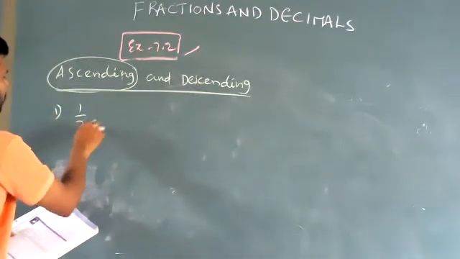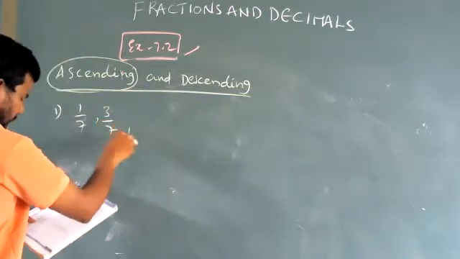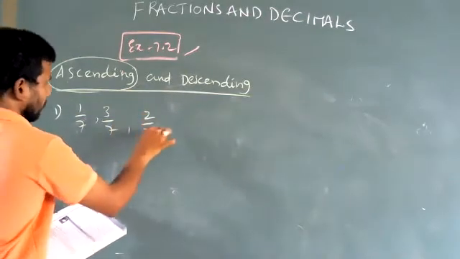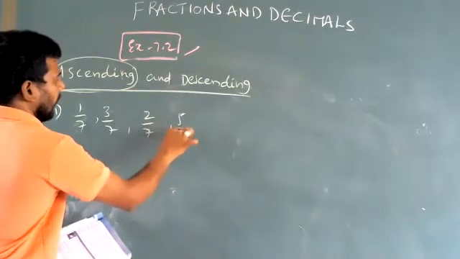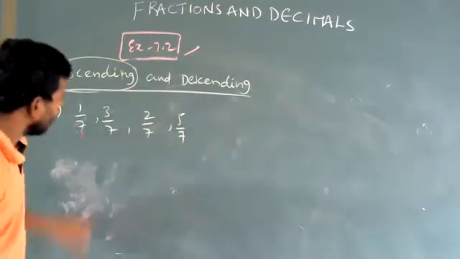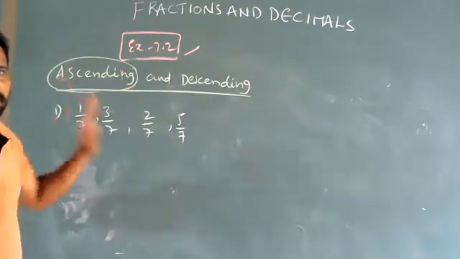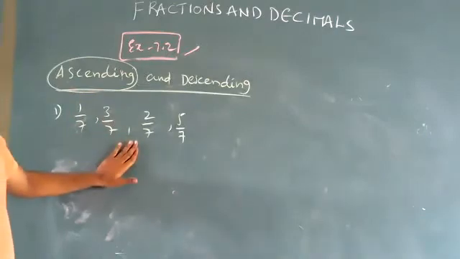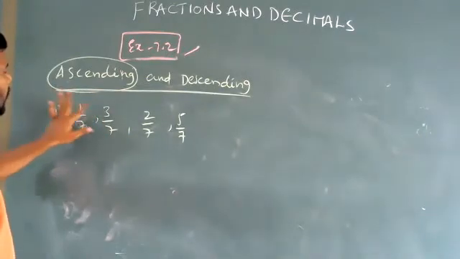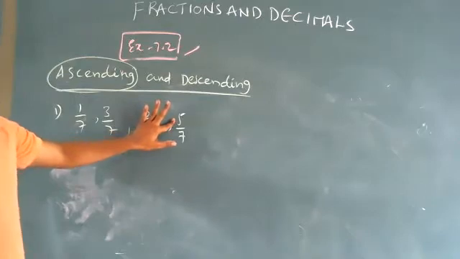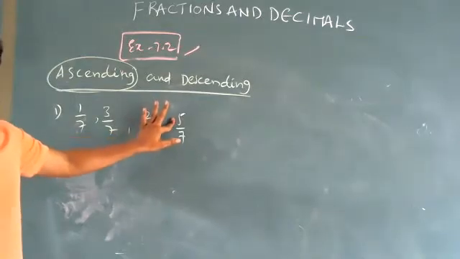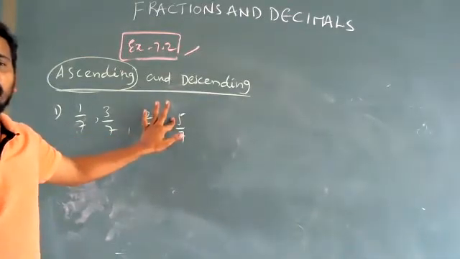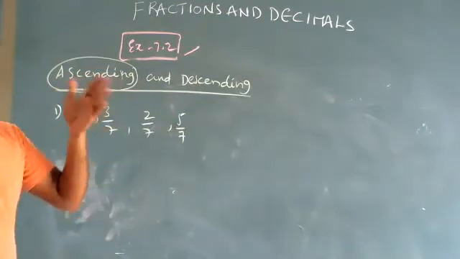1 by 7, 3 by 7, 2 by 7, 5 by 7. Observe here, denominators are same. It is a like fraction. Now we take the numerators 1, 3, 2, 5. We can arrange ascending and descending order only when like fractions are given.